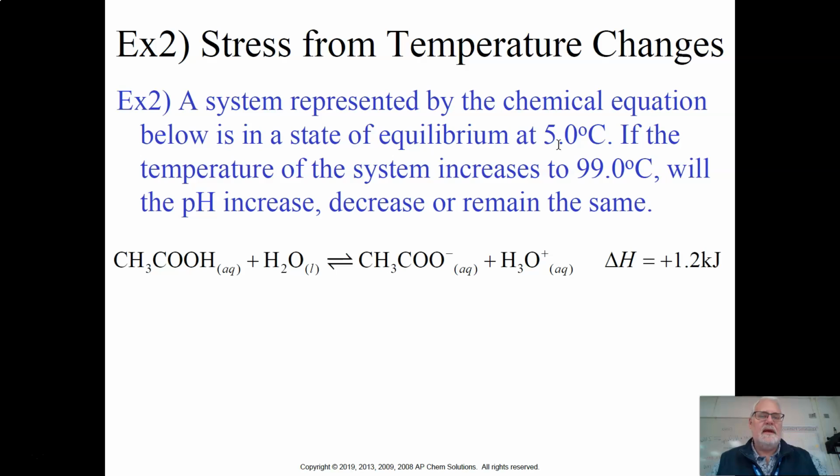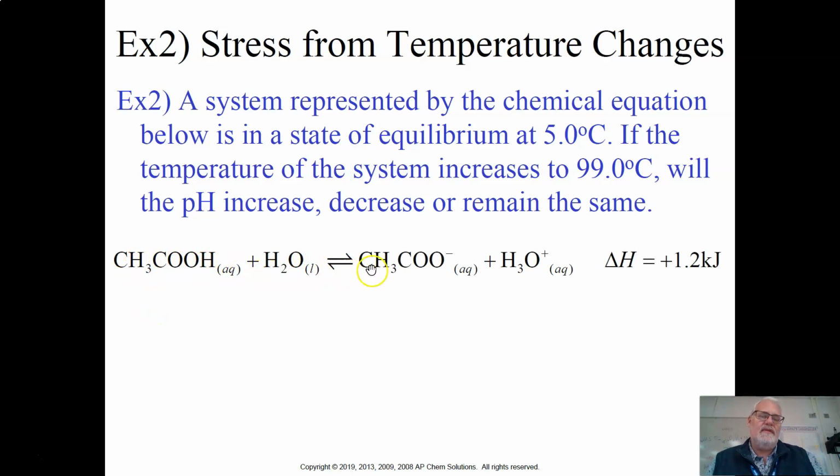But you need to know what a temperature change is going to do to this. When you increase temperature, you have to know where the heat is in the reaction. So remember, it's endothermic, so it's going to be over here with the reactants. So you're adding heat here.